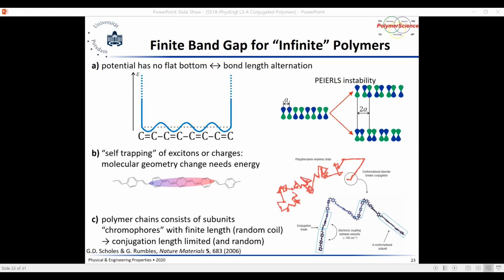But well-ordered conjugated polymer films enable unbroken conjugation of orbitals over many repeat units. So if this thread, instead of being so kinked up and broken into different segments, were just one straight line, then we would have had unbroken conjugation.